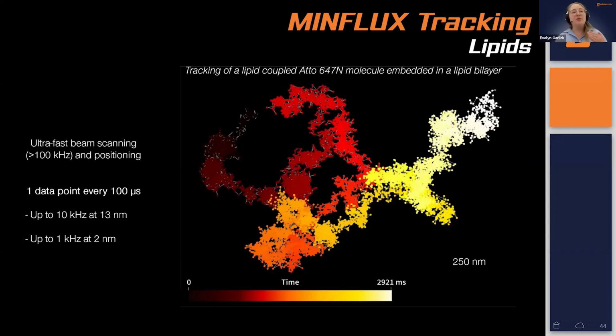With this top speed, we're able to reach around a 13, 14 nanometer localization precision, again, significantly better than is possible at high speed with a camera. If speed is a little bit less important, but still a factor, then we're able to reduce the speed and increase the precision, as we would do for a kinesin experiment where we want to see that stepping behavior. And we're able to achieve up to a kilohertz with 2 nanometer localization precision.